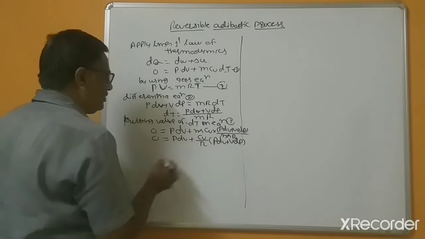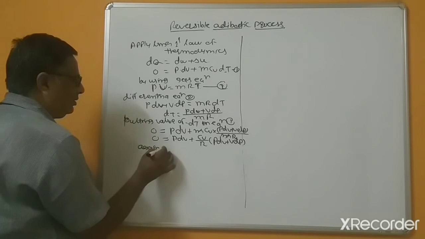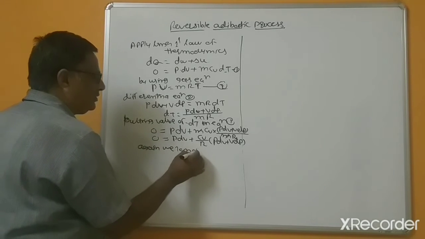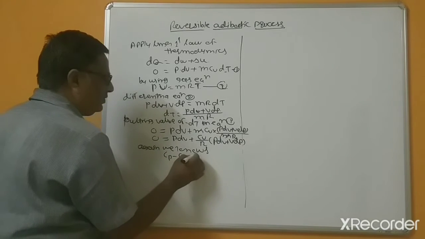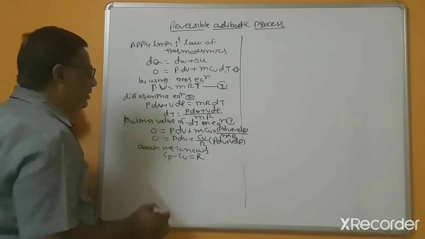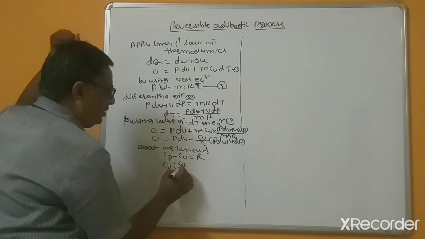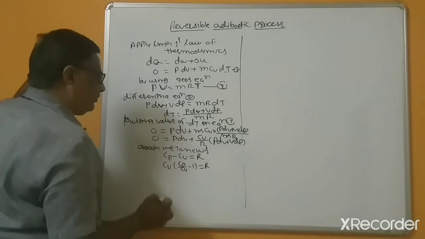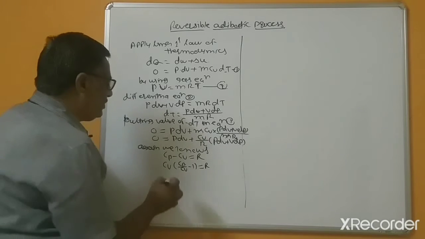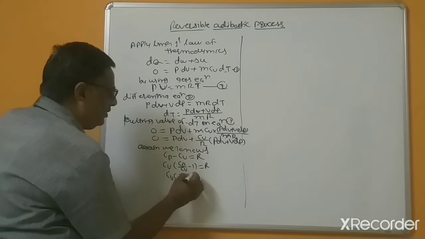Now for Cv, we know Cp minus Cv equals R. Taking Cv common in brackets, Cp divided by Cv minus 1 equals R, and Cp divided by Cv is nothing but the index gamma.